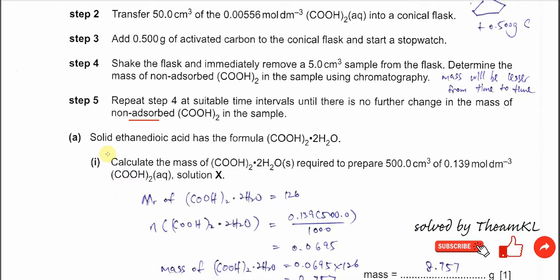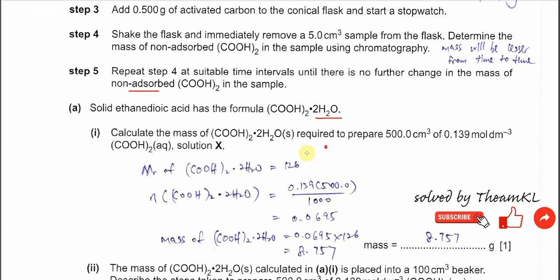Now, part A. Solid ethane dioic acid has the formula (COOH)2, so it's a dihydrate, 2H2O there. Now calculate the mass of this acid required to prepare 500 cm³ of 0.139 mol/dm³ of the solution X. Okay, this one is quite simple.